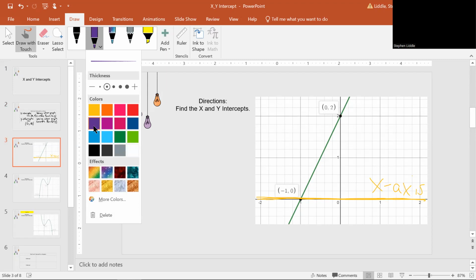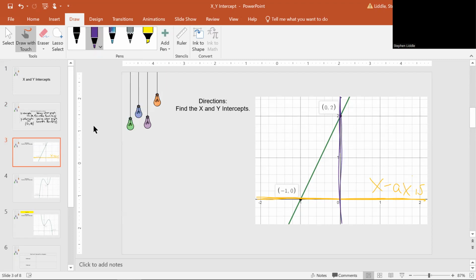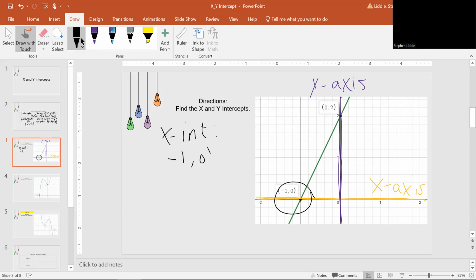And this purple line I'm using, this is our y-axis. So if I want to find our x-intercepts, abbreviated XINT, we are looking where it crosses the x-axis, our yellow line, which is this point here. So our x-intercept is -1, comma 0. And if you see, it follows that format where we have a number, comma 0.